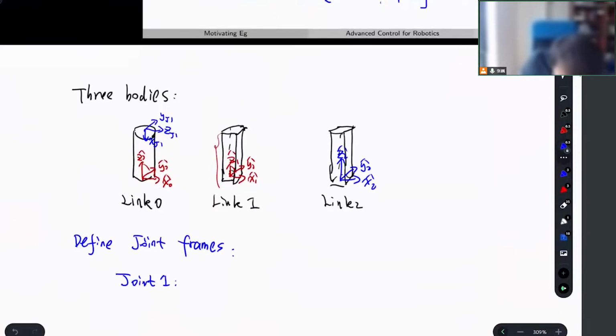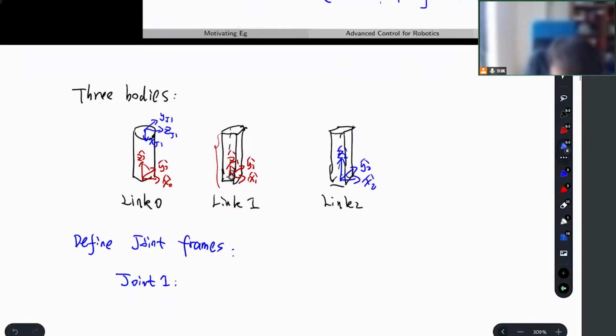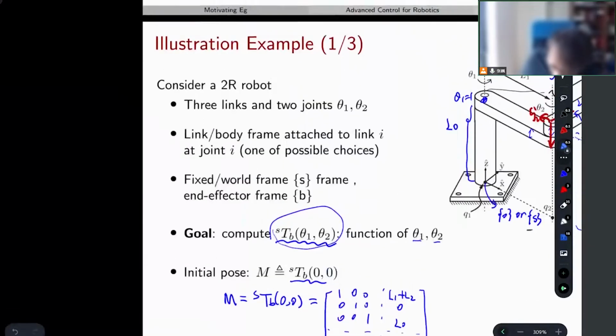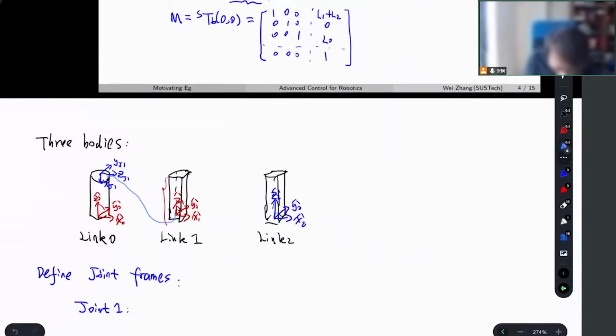I hope you can see clearly. Then, if I connect this frame 1 to this joint 1 frame, I assume it will be exactly this part. We finish this part of the construction. Do you agree, or do you have any questions?